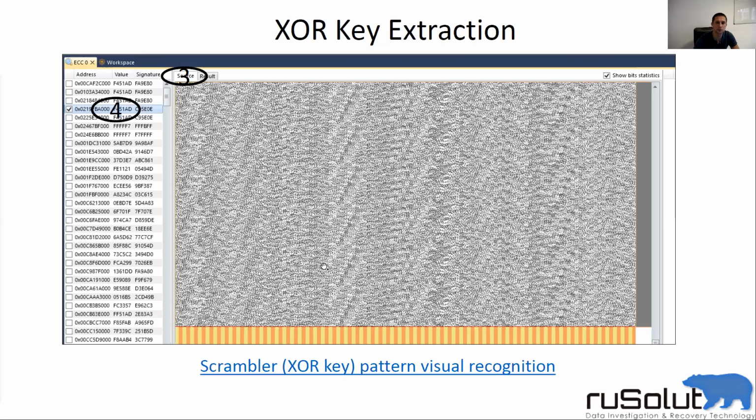For example, do you see this line in this area? It's 1, 2, 3, 4, 5, 6. So that means we have 6 keys inside this one block. It's repeated 6 times.